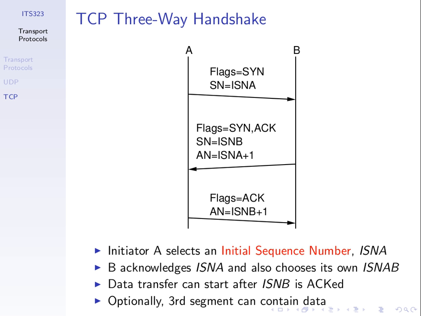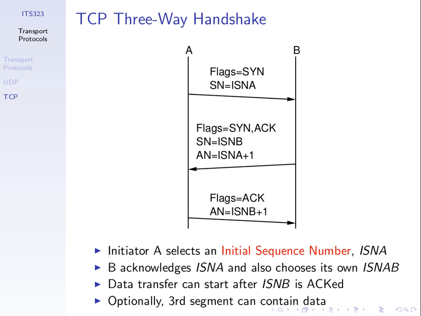What happens is, in my case, computer A wants to set up a connection to B, the browser to the server. TCP at computer A chooses an initial sequence number. It doesn't have to be 0.